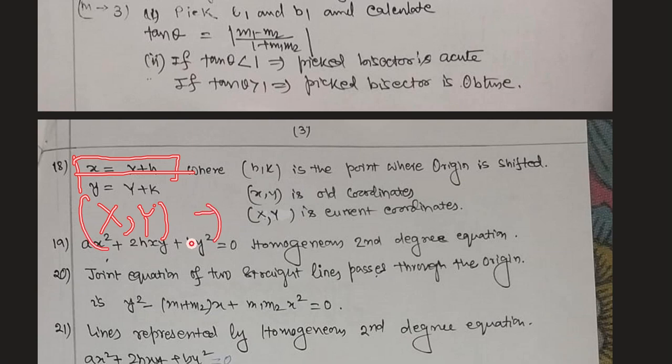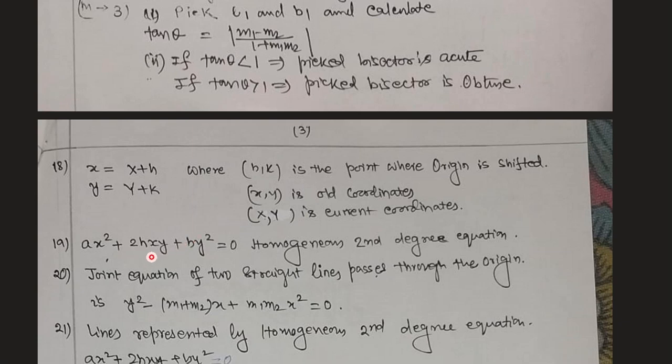Current coordinate means the coordinates of the point with respect to the new coordinate system, after shifting the origin from 0,0 to h,k. So old coordinate is equal to the current coordinate plus h.